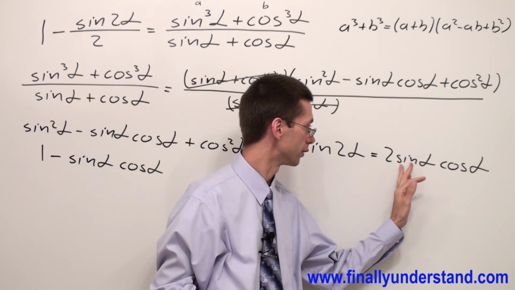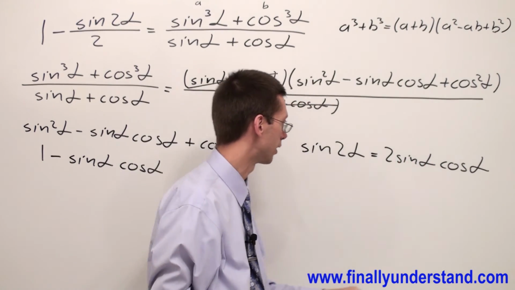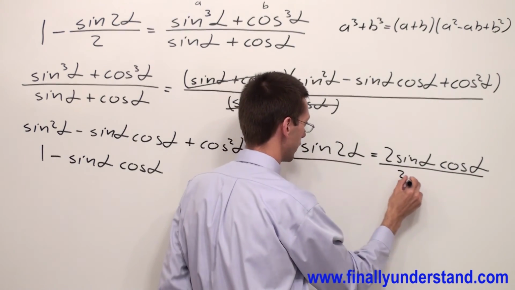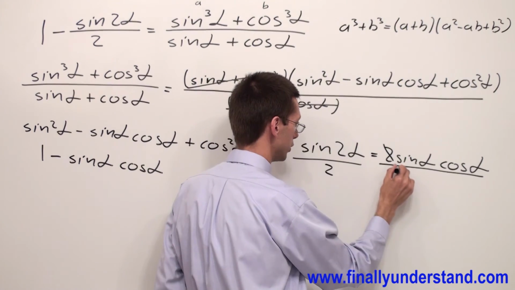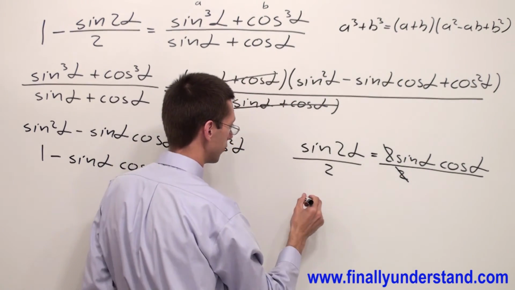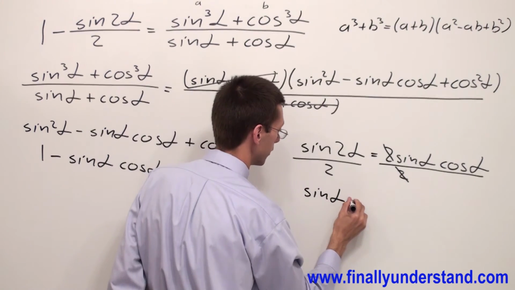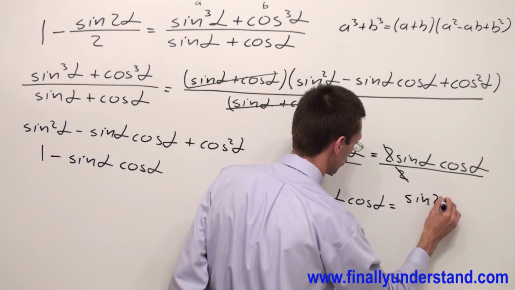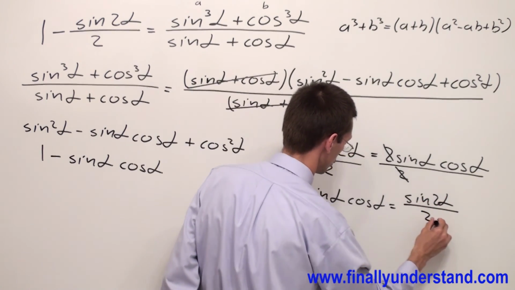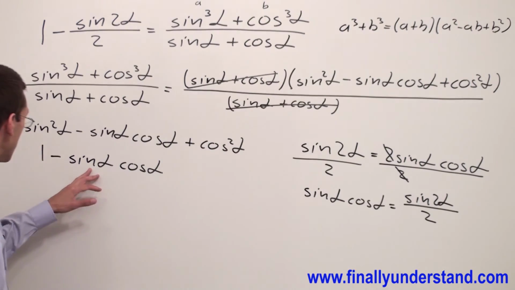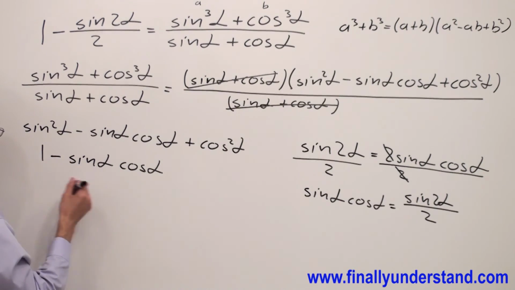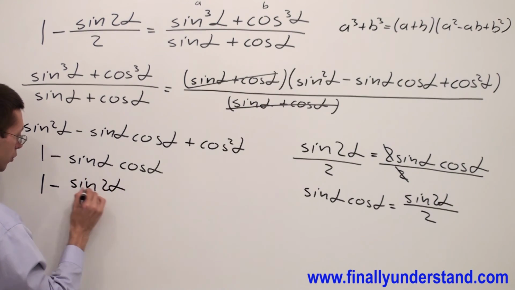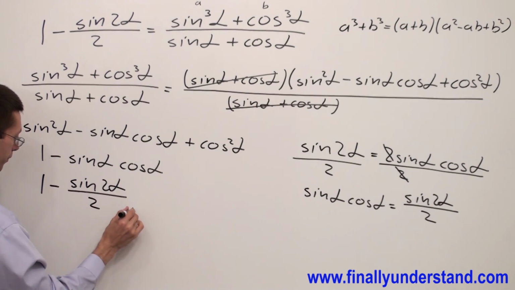In order to get sine alpha cosine alpha only, I'm supposed to divide both sides of this formula by 2. This 2 and this 2 will cancel out, and I have sine alpha cosine alpha is equal to sine 2 alpha over 2. So I can rewrite sine alpha times cosine alpha as sine 2 alpha over 2, and the expression becomes 1 minus sine 2 alpha over 2.